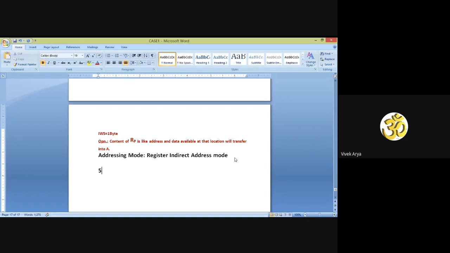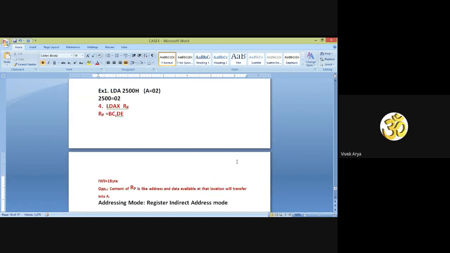The 5th instruction is LHLD 16-bit address. You all know about this instruction because several times in programming we have used it. Sir, the stack pointer is also not available? For which instruction, beta? Sir, in the last instruction, LDAX RP.